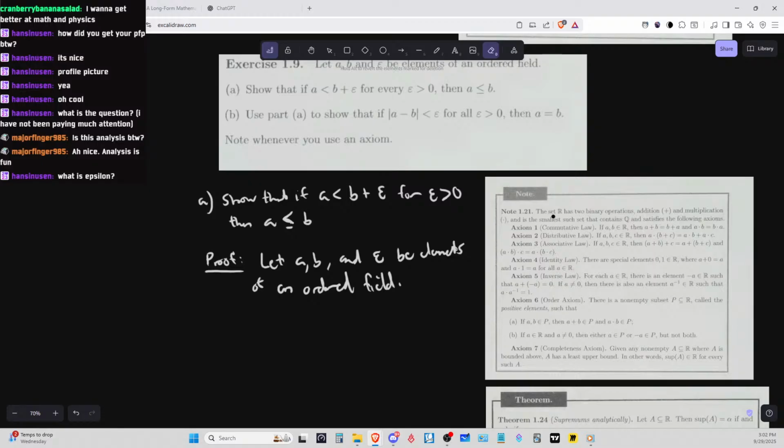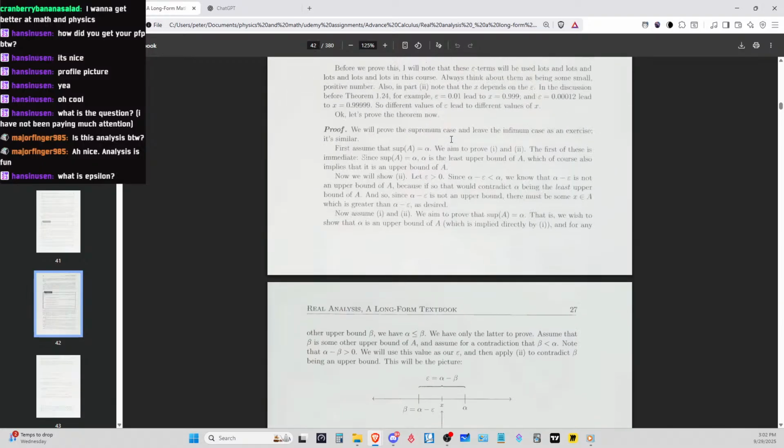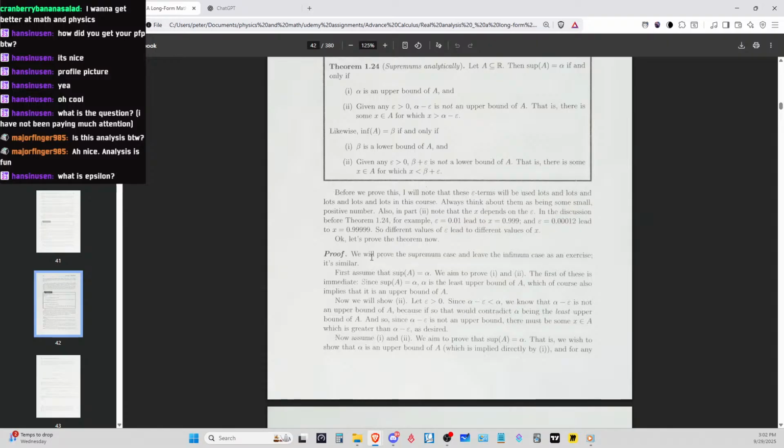Now I have to think about how to set this up, because I feel like the proof that we saw here helped me a little bit to think about it. Because what is the proof we need to do?